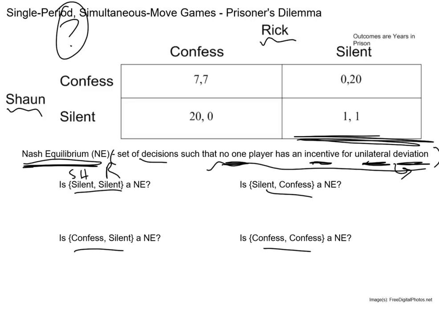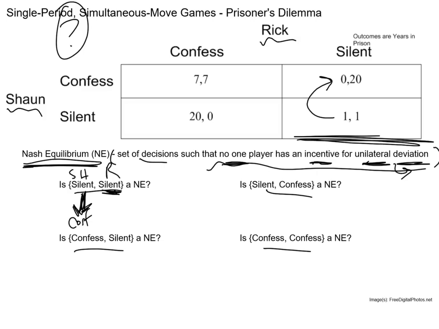So we can ask the question, would Sean be better off by changing his mind alone? Would Sean have an incentive for unilateral deviation? Meaning, if Rick sticks with the decision of silent, would Sean want to change his decision from silent to confess? Let's look at the numbers. Would he think it's in Sean's best interest to change his mind?